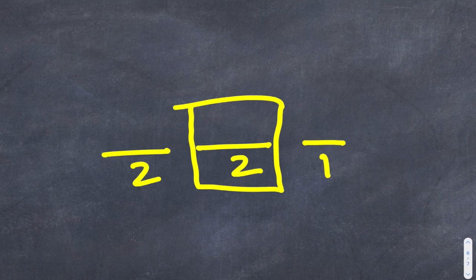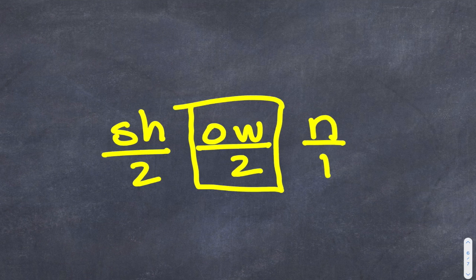Sh, s, h, o, which makes the ow sound. If it's making the ow sound, how do we spell that? O, w, and then n at the very end. Shown.